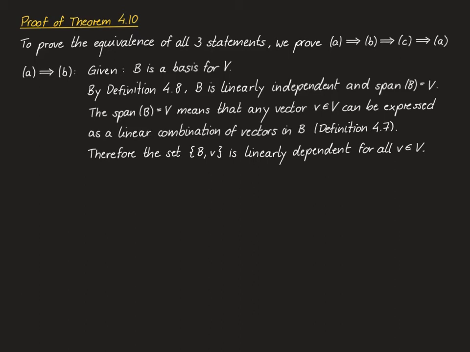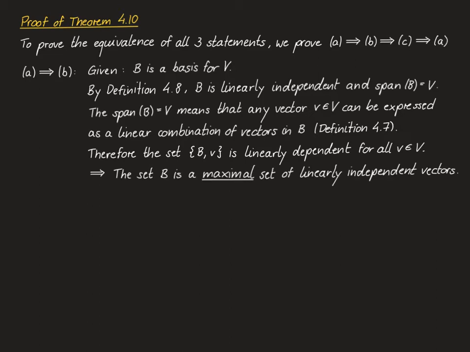Therefore, if we consider the set B together with any other vector v in the vector space, the combined set must be linearly dependent, and hence we can conclude that the set B is a maximal set of linearly independent vectors.